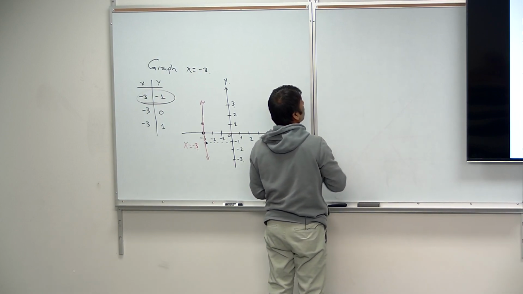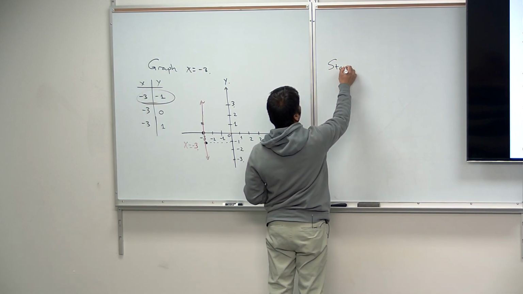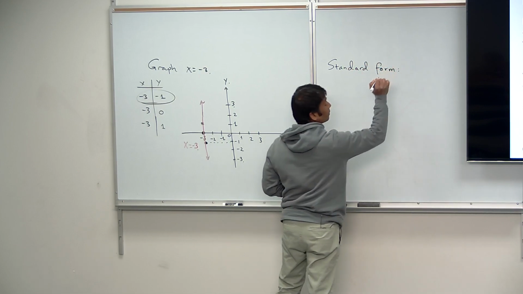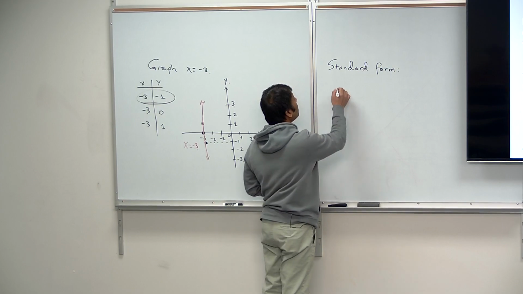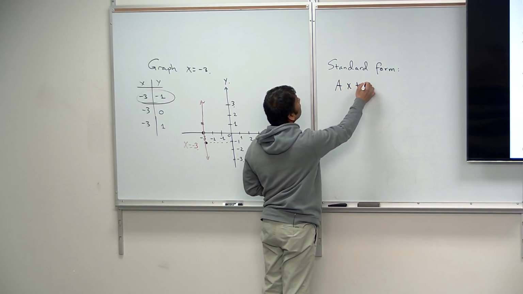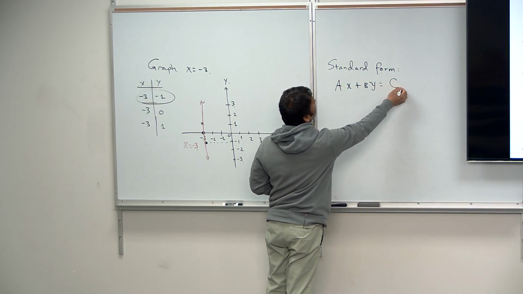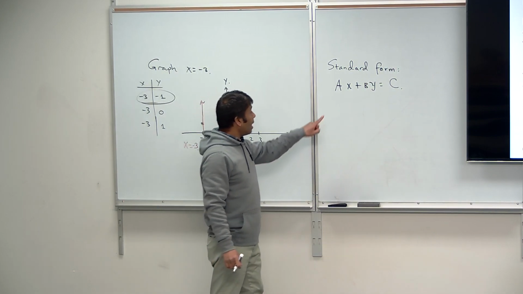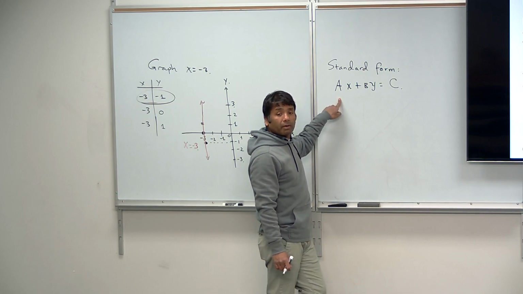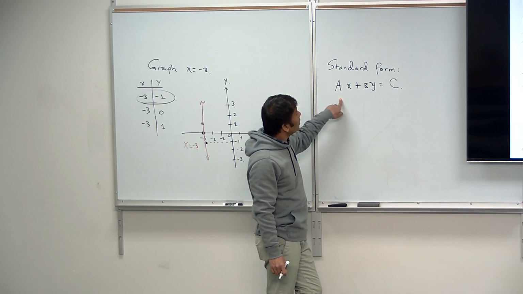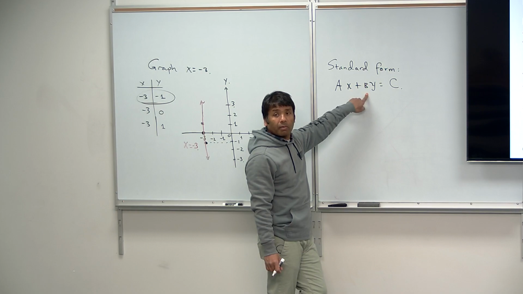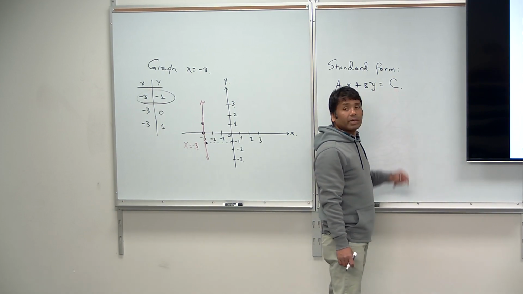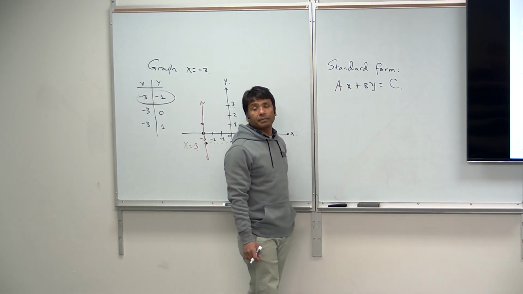So a standard form is in the form of ax plus by equal to c, right? And the coefficient a is the coefficient of x, b is the coefficient of y, and c is a constant, right?